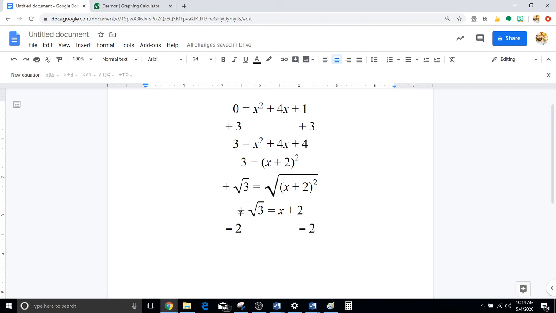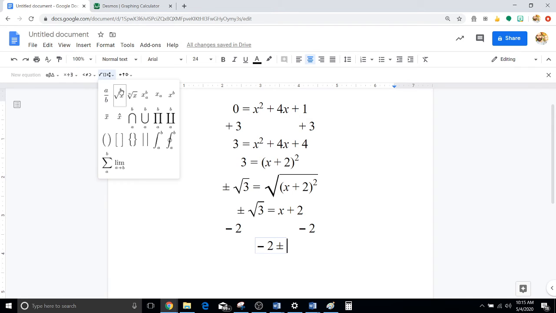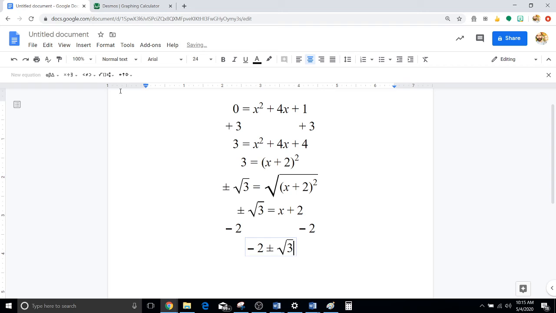So we have negative 2 plus or minus root 3. Let's write that out in its full form: negative 2 plus or minus the root of 3 is equal to x. So we now have the square root version of our answer.